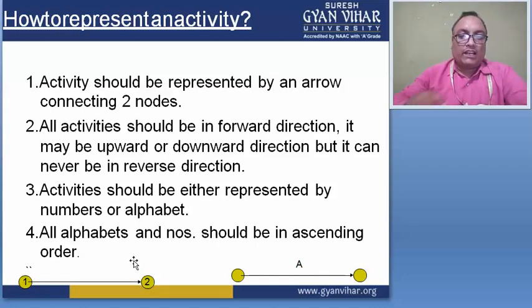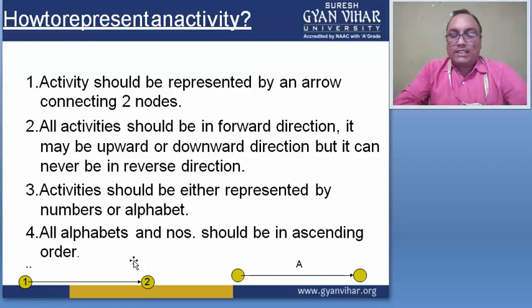An activity should be represented by either a number or an alphabet, and these numbers or alphabets are in ascending order, just like A, B, C, D, or we can say in increasing order, like 1, 2, 3, 4, 5, 6 or A, B, C, D, E, F. So these are the numeric order and the alphabetic order.